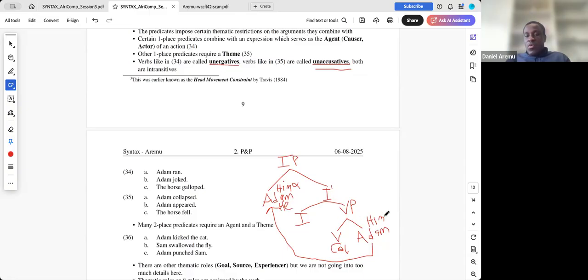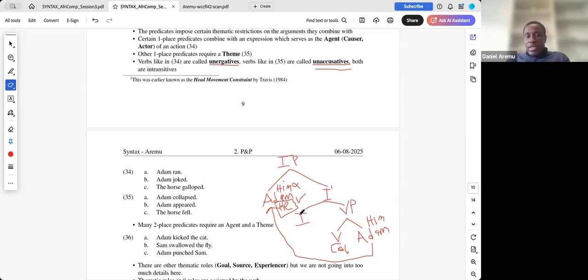So the assumption is that when him or Adam moves from this position of accusativity and moves to this position, what happens is that it is unaccusative. So it's no longer an accusative. It now has a nominative case. And we can see that with the pronoun, right? Because now we cannot use him, but we use he. I'm using pronouns because they give us the different forms that we want to see with respect to nominative and accusative.